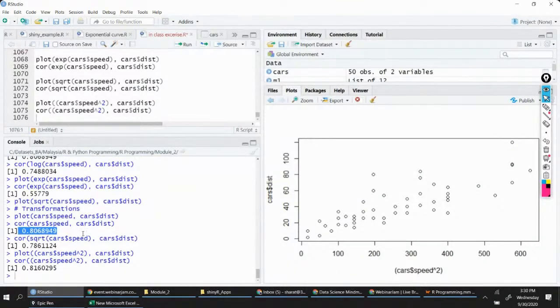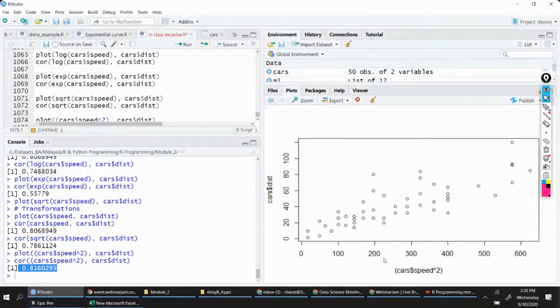Original data is 0.80. It is increased a little better, 0.816. Now, all these experiments that I'm doing are only on x-axis values, not on y-axis values, right?